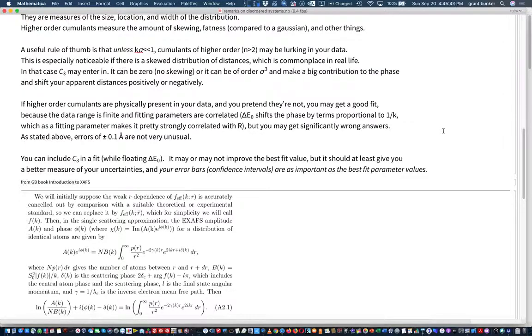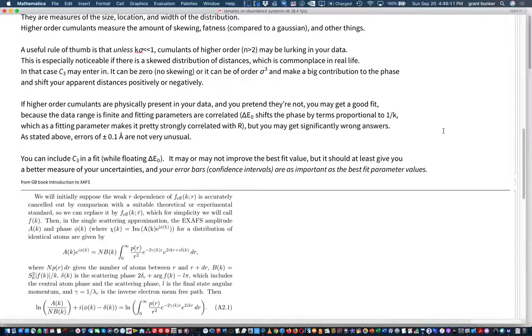Okay, now here's an important point: they may be there, but you may still get a good fit by ignoring them. Because when you include, say, a third cumulant in a fit, it adds a cubic term into the phase. You're predominantly fitting with a linear term, the 2kr term.